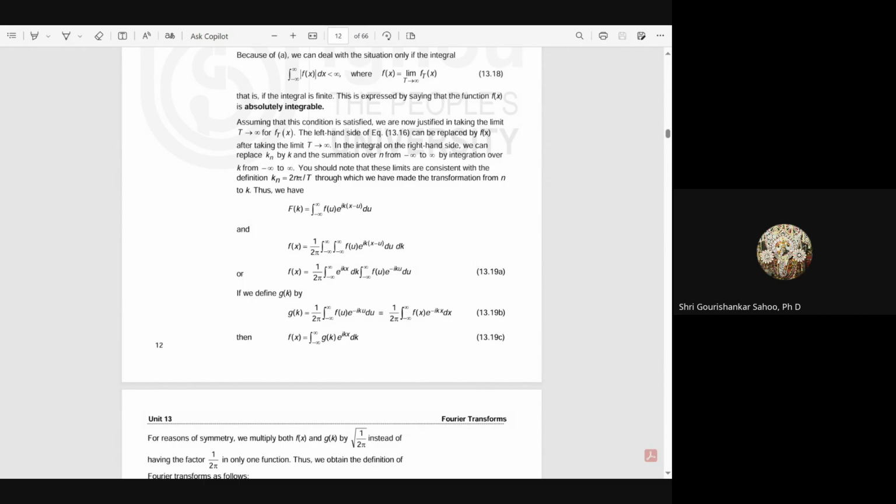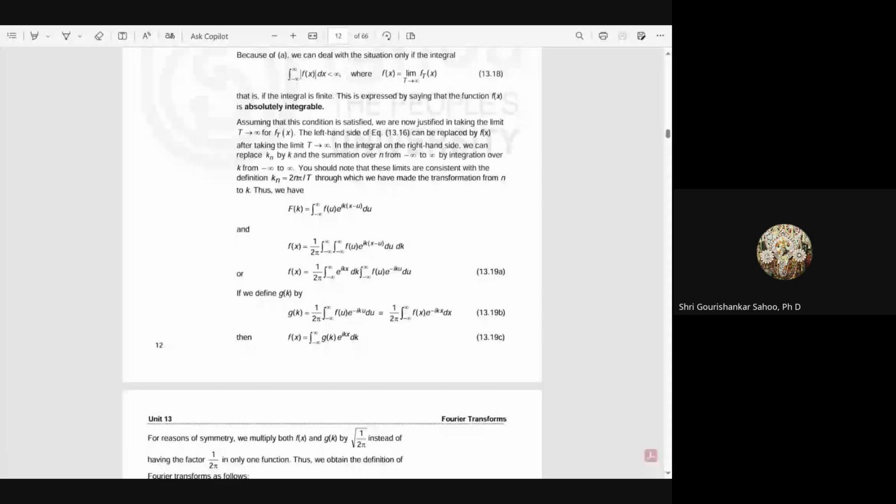These limits are consistent with the definition k_n is equal to 2nπ by capital T, through which we can make the transformation from n to k. So you can write F(k) is equal to integration from minus infinity to infinity of f(u) e to the power i k (x minus u) du.